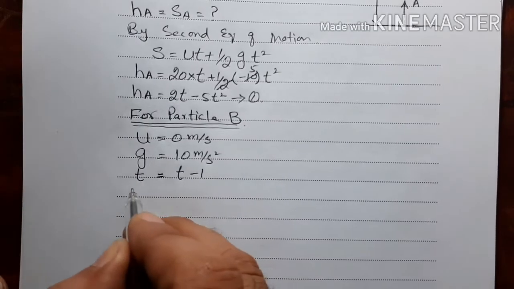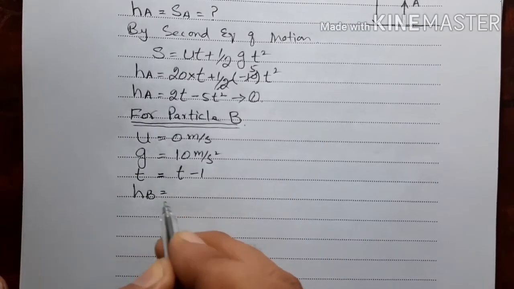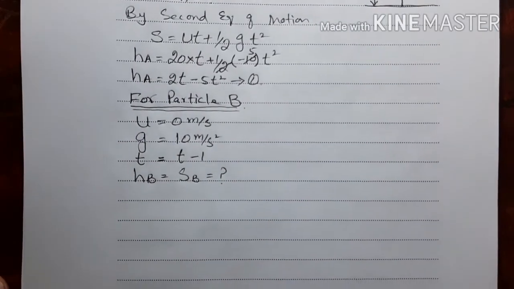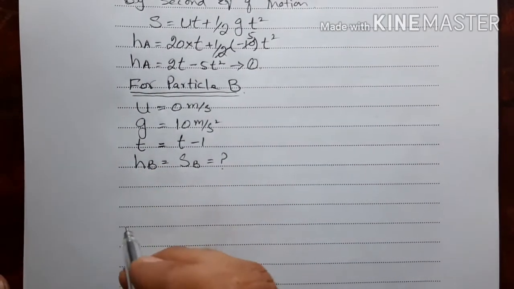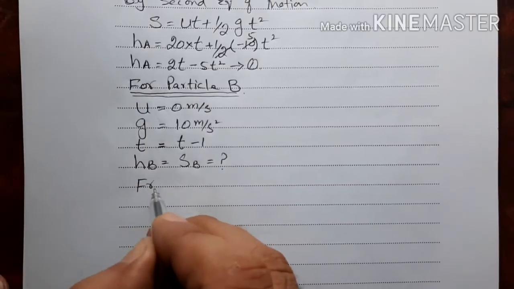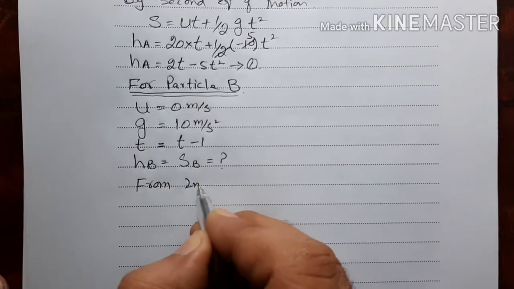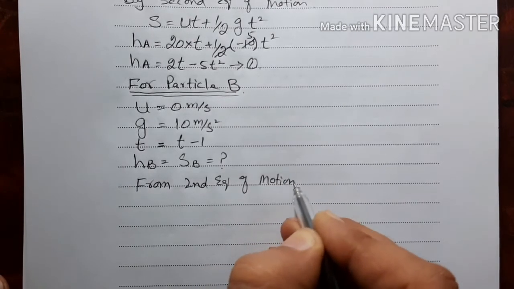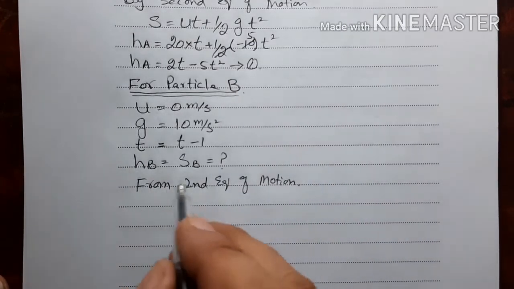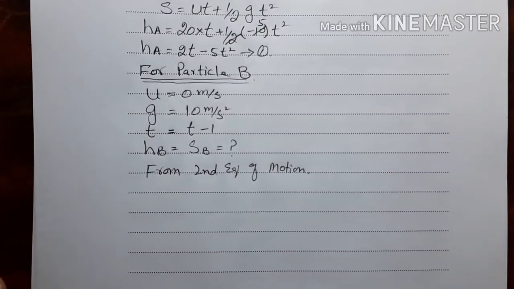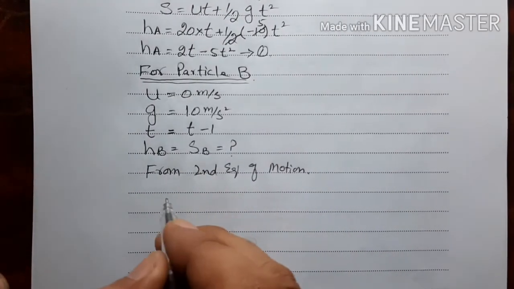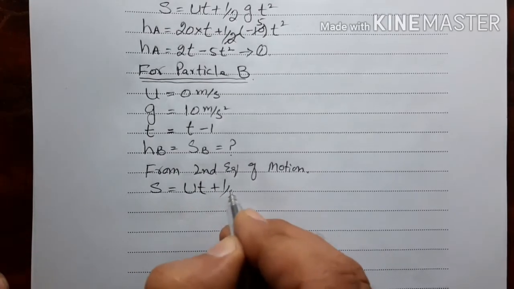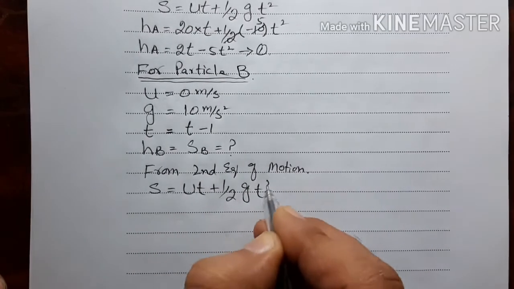And height of B, meaning the distance covered by B, we have to find. Again, from the second equation of motion, S is equal to ut plus half gt square.